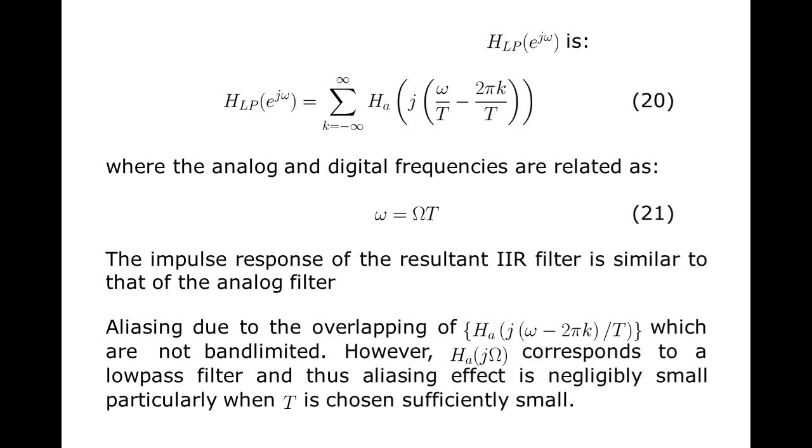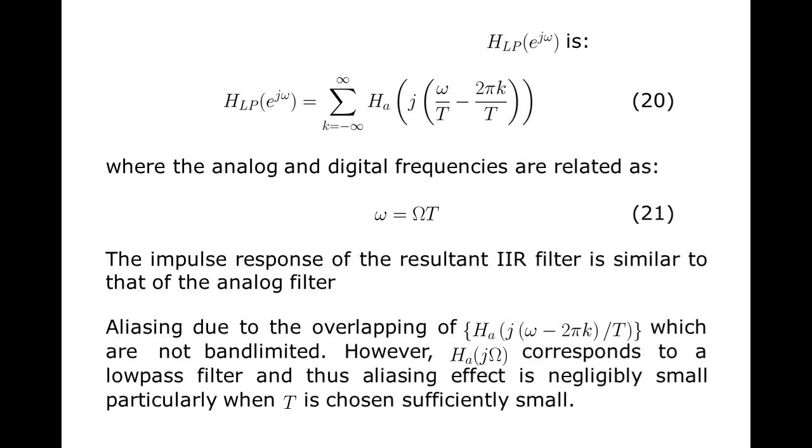Now in this case, aliasing occurs due to the overlapping of HA of j times bracket omega minus 2 pi k by T, which are not band limited. However, HA of j ohm corresponds to a low pass filter, and thus the aliasing effect is negligibly small, particularly when T is chosen sufficiently small.